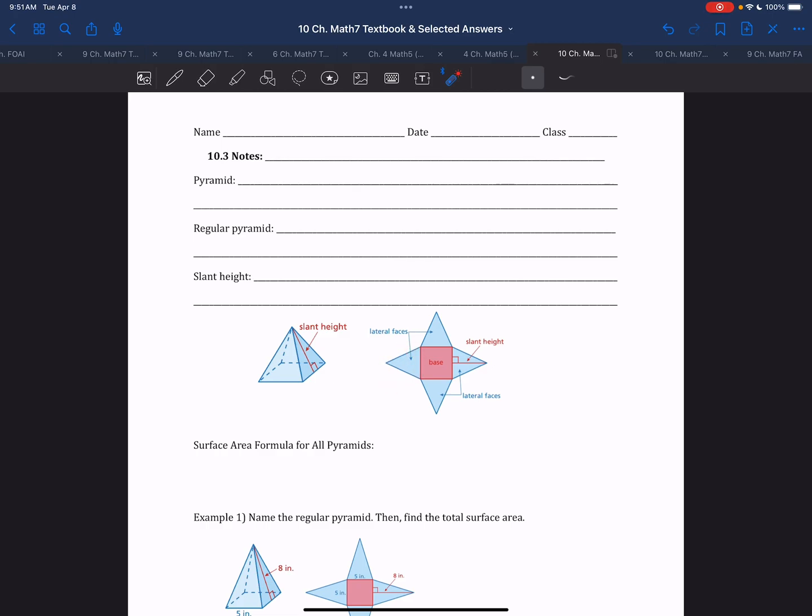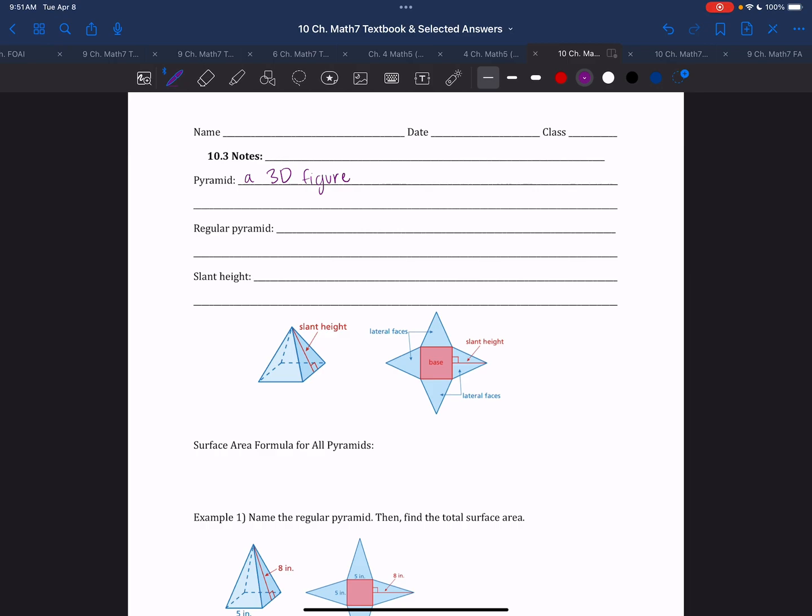They are triangular. So the definition of a pyramid then is it is a 3D figure, and you should be writing this down in your notes that Mr. Jordan has passed out.